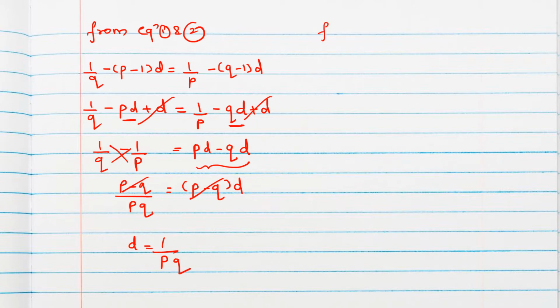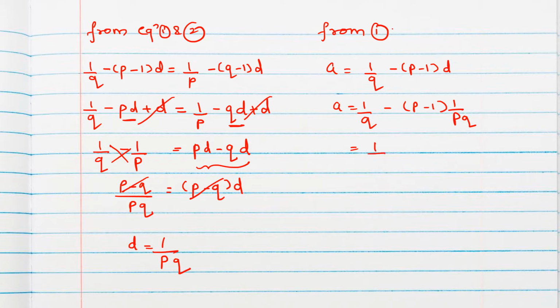From equation 1, a is equal to 1 by Q minus (p minus 1)d. So the d value we can substitute here, 1 by PQ. We can open the bracket: minus 1 by PQ multiplied with p and then with minus 1.